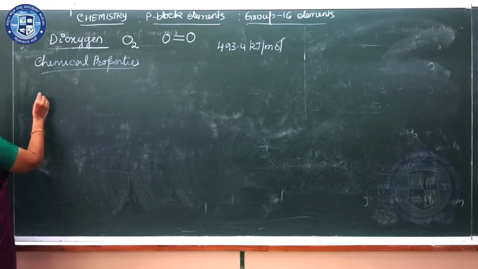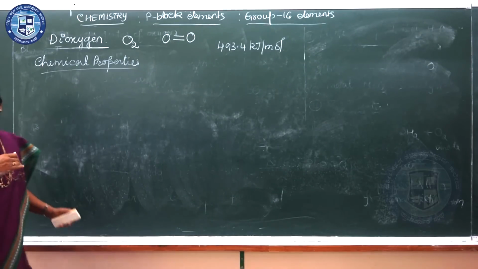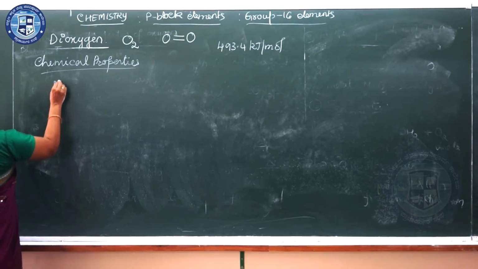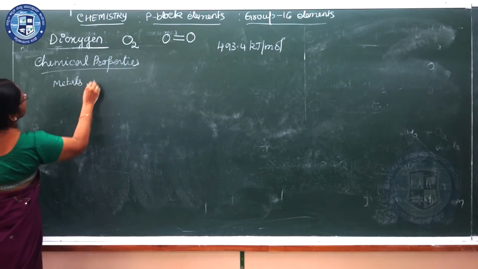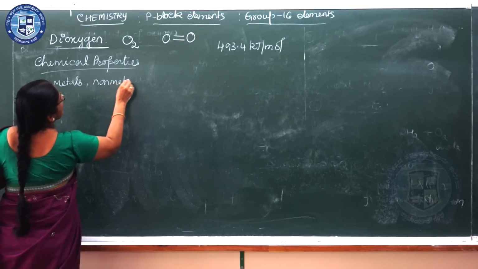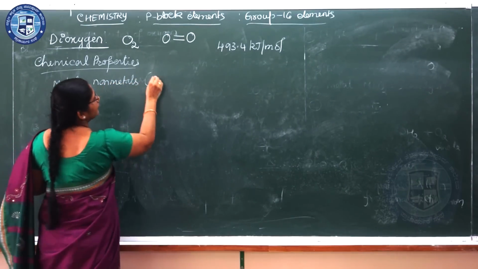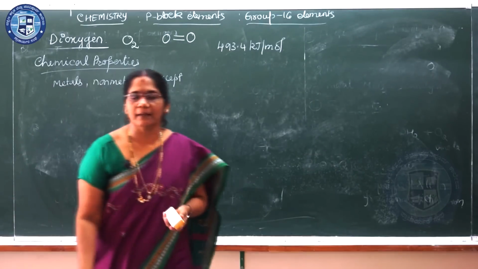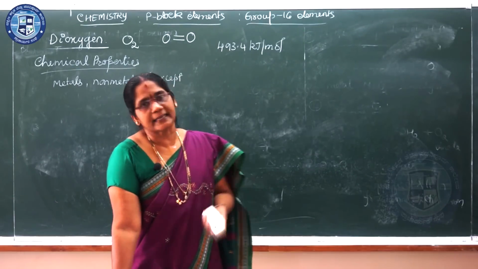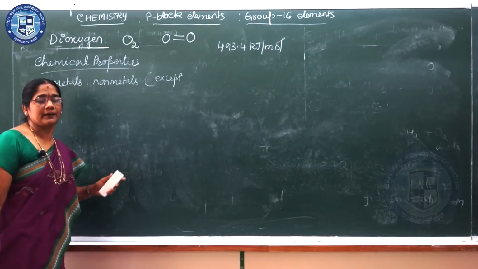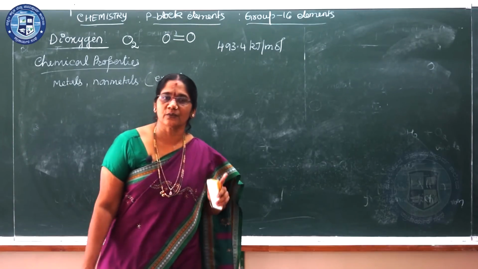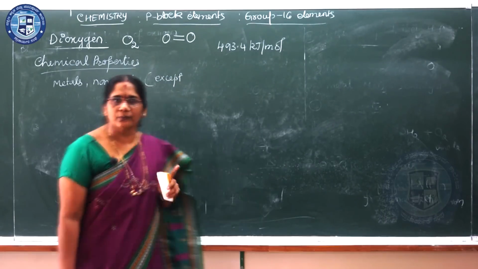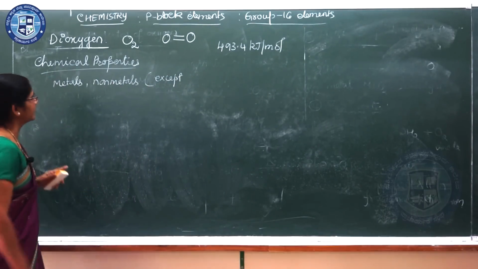So in the chemical properties, oxygen reacts with all the metals, non-metals, except for noble metals like platinum or gold, or noble gases. It reacts with almost all the compounds, and the reaction of oxygen with anything is exothermic.